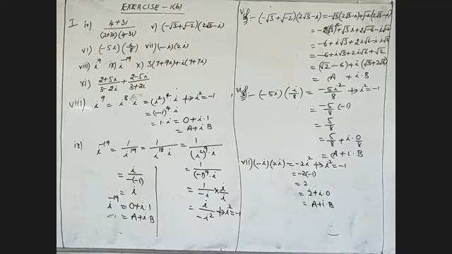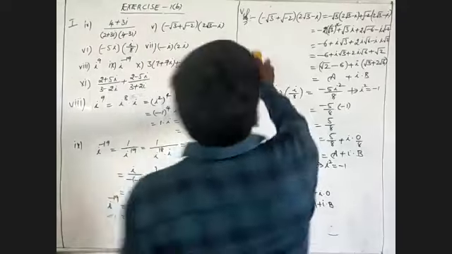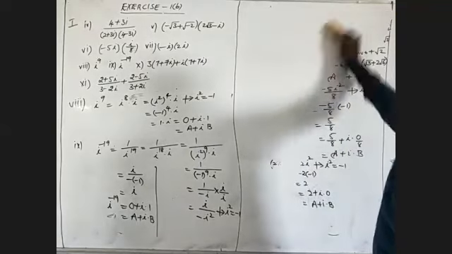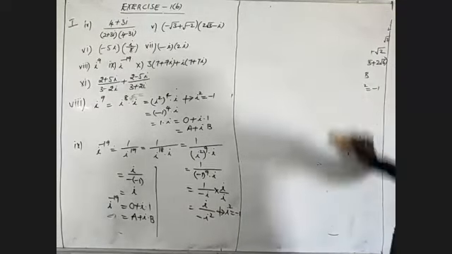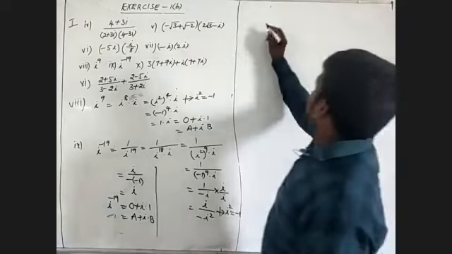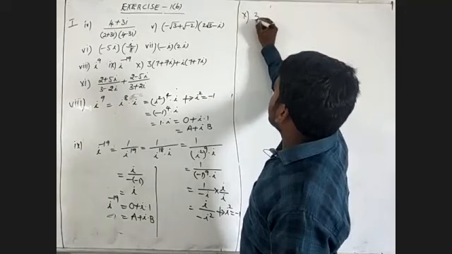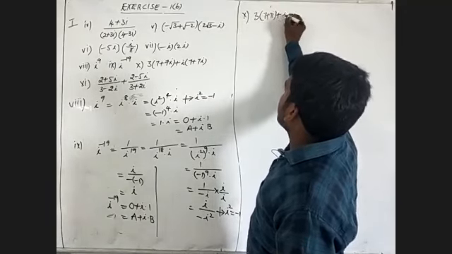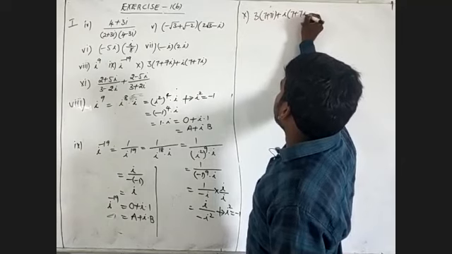Okay, now I am going to the tenth one. The tenth one is 3 into 7 plus 7i plus i into 7 plus 7i.